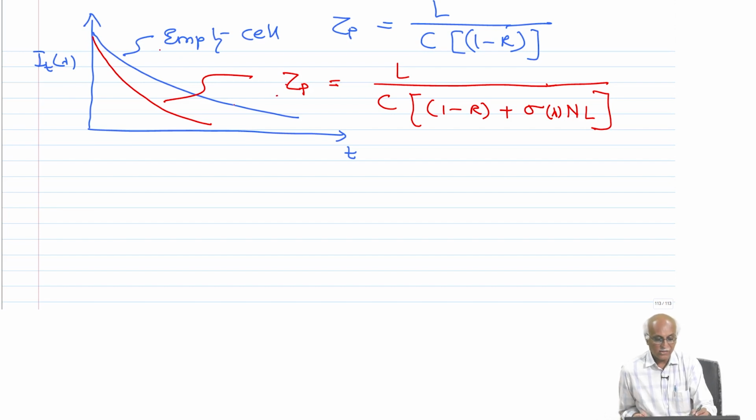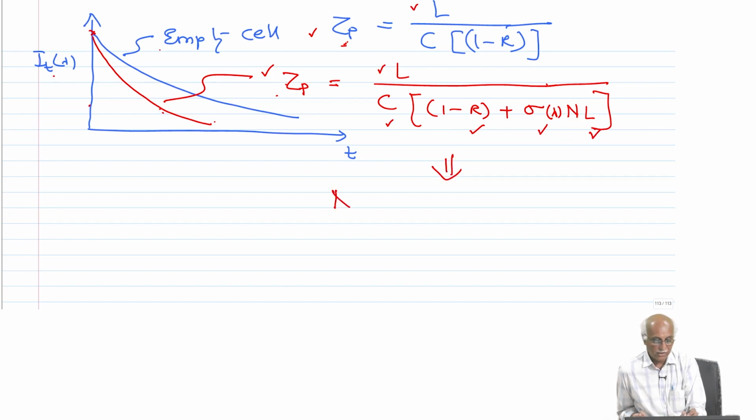From the decay characteristics I can measure tau p, where the transmitted light intensity becomes 1 by E times its initial intensity, which will give me tau p. Tau p due to absorption loss can also be captured in the presence of gas molecules. Now I know this tau p as well as this tau p. I know R, I know sigma lambda, I know the length, I know C, I know L, everything. I can estimate n from here, isn't it?